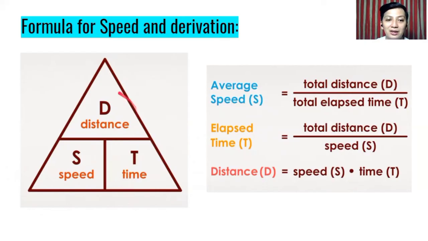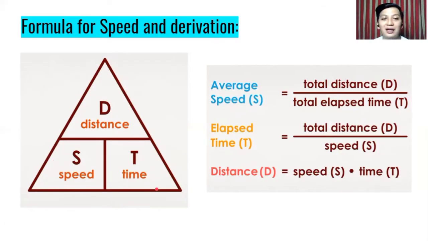Si distance, nakikita nyo that the units of distance are meters, centimeters, kilometers. Si time, alam nyo na yan. Ang unit ng time: second, minute, and hours. So, speed is equal to distance divided by time.